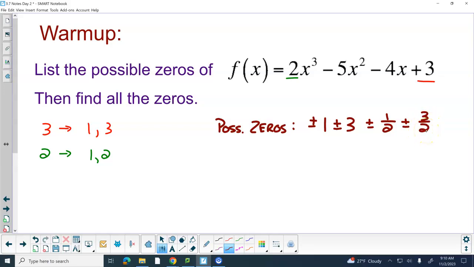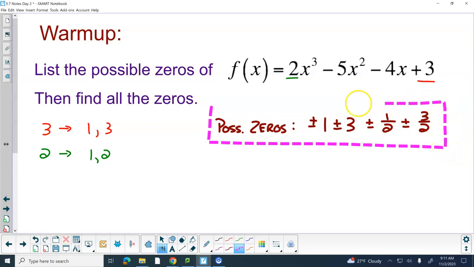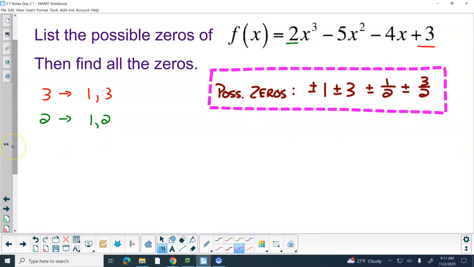Okay. Did anybody find one that worked? -1? All right. Okay. So let's go with -1 for our first zero.